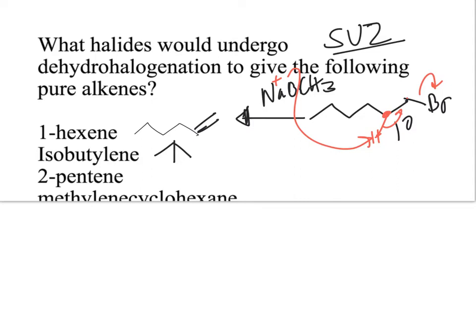Isobutylene. So draw isobutylene. It's really a bad drawing of isobutylene, so let's try again. We can do better. Okay, so isobutylene, you want the alkyl halide.